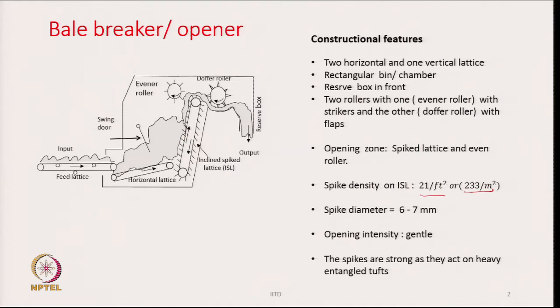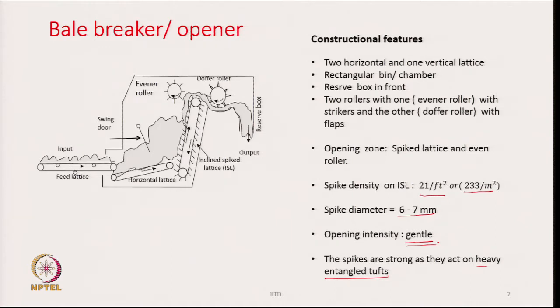The spikes have a diameter of around 6 to 7 mm and they are very strong because they always have to act on entangled tufts of fibers. Their opening intensity is generally mild, or we can say quite gentle in nature.